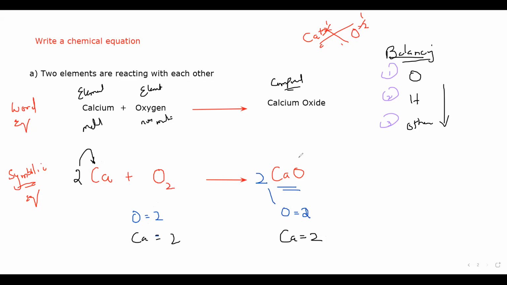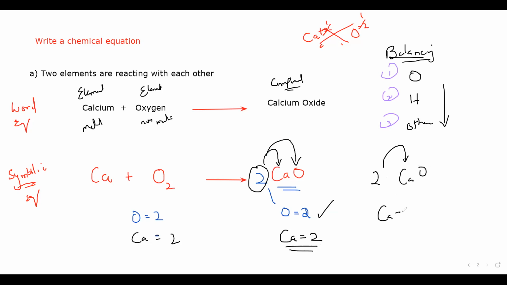Why did we put 2 here? When we try to balance oxygen, we put 2 here. So that makes 2 calcium and 2 oxygen. When it makes 2 oxygen, oxygen is balanced. But what about the calcium? On the right hand side, when we write this 2 with CaO, it means we have 2 calcium and 2 oxygen.